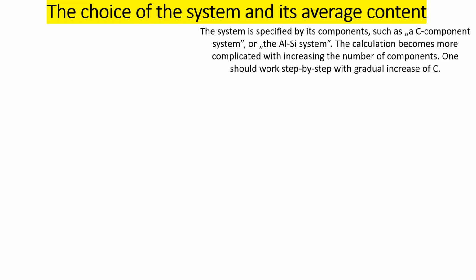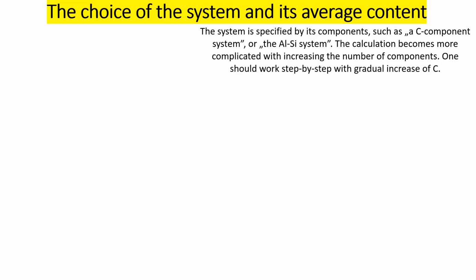Now let's talk about the system. This is the system we study. In the simplest case, it is just defined through its components, so it was actually defined before in the previous slides. So I can define the system to be considered as a C-component system.